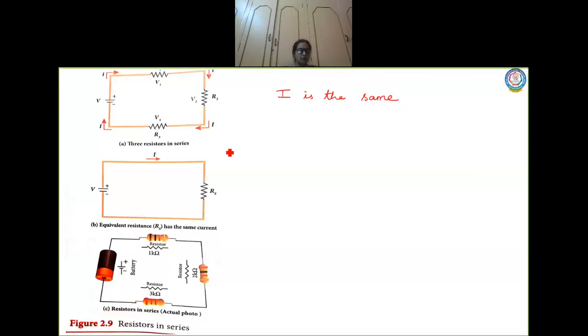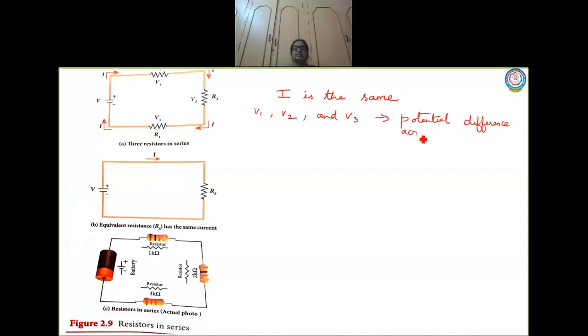So what will be the potential difference? The potential difference will be varying. Let V1 be the potential difference of the first resistor, V2 the potential difference of the second resistor, and V3 the potential difference of the third resistor. Potential difference across each resistor.